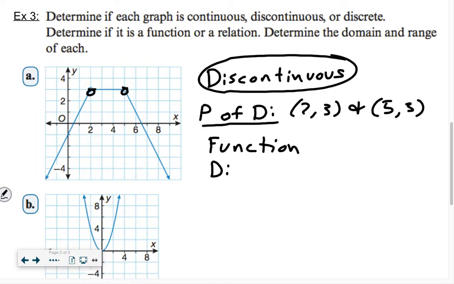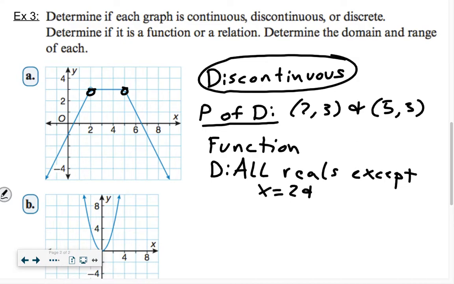So we want all of the x's to be all reals except when the x is 2 and 5. Because apparently when we plug in 2 and 5, something bad happens to our function. More than likely we get it to be undefined. So we cannot use those two.